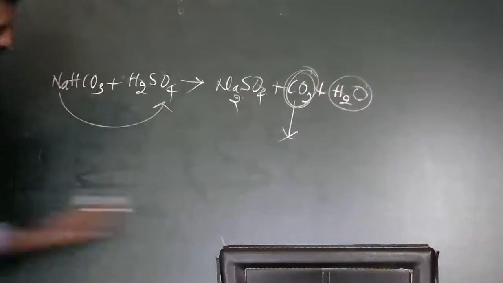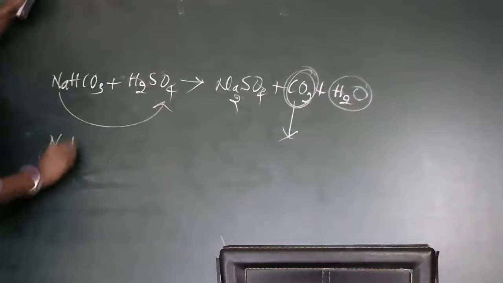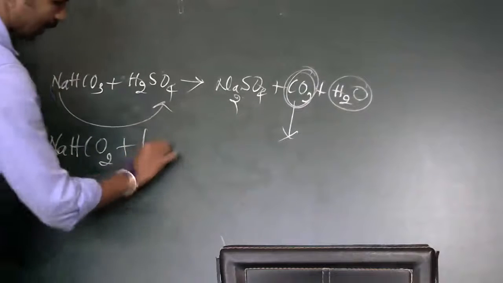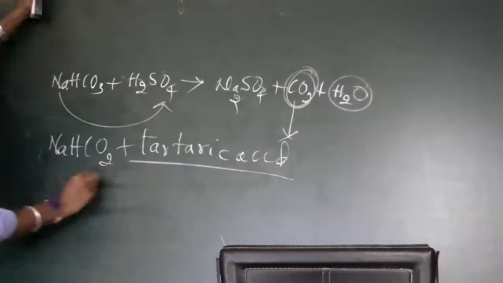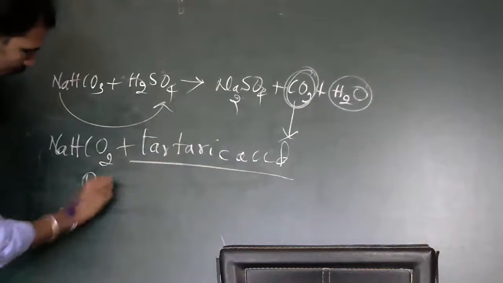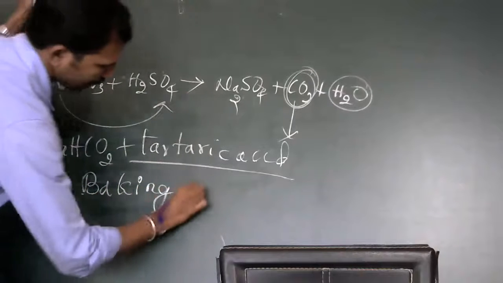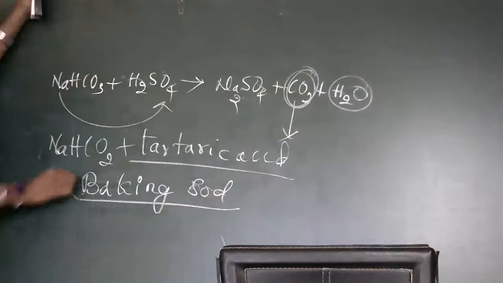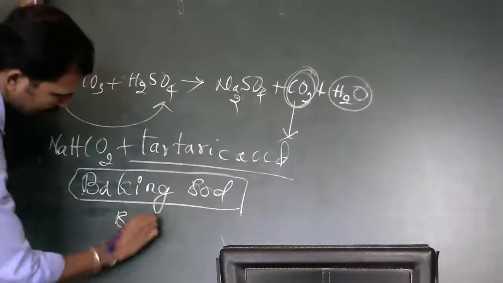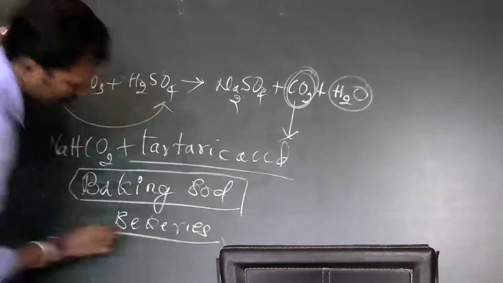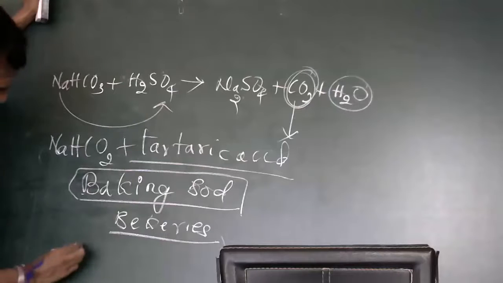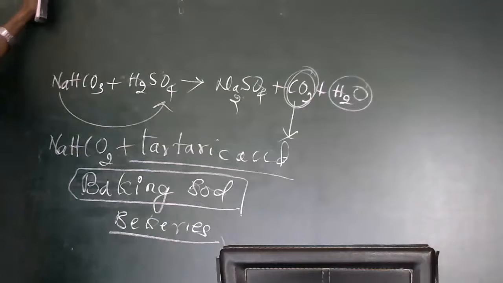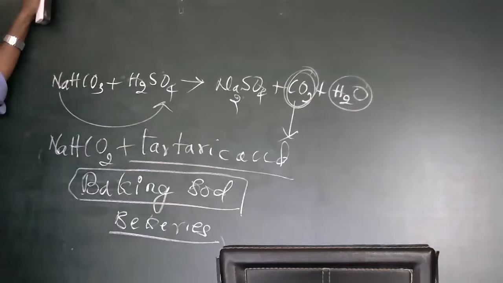Similarly, sodium bicarbonate plus tartaric acid becomes baking soda. This baking soda is used by bakers to make puffs, buns or bread.